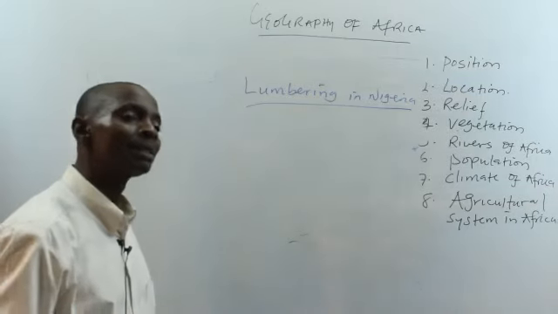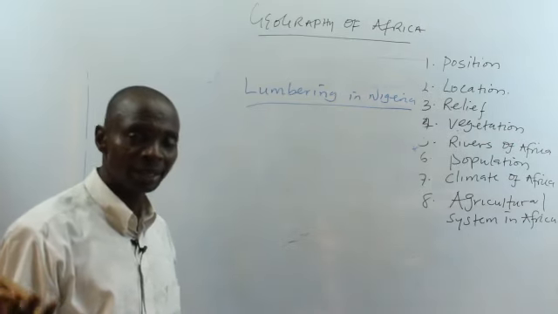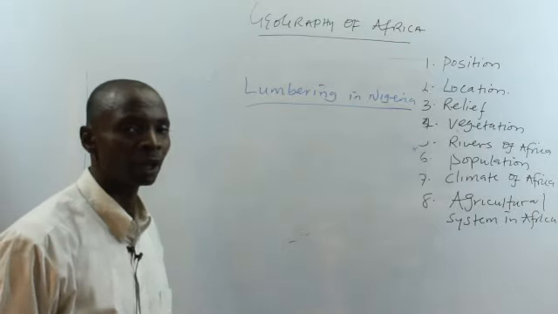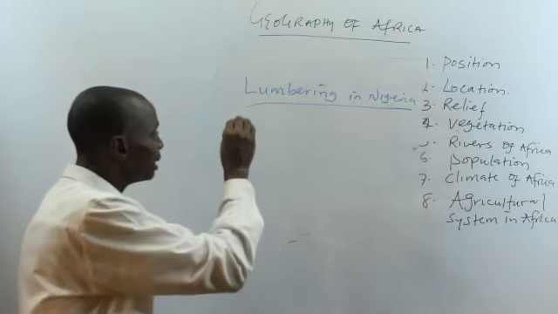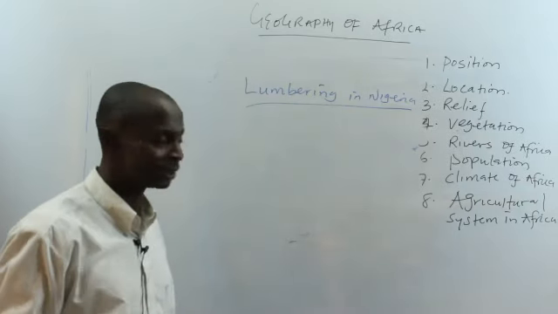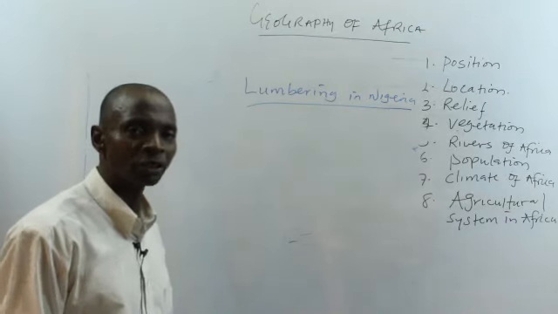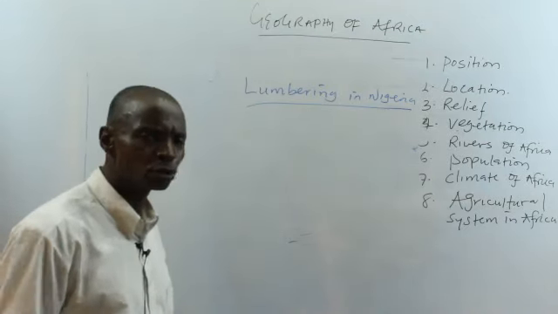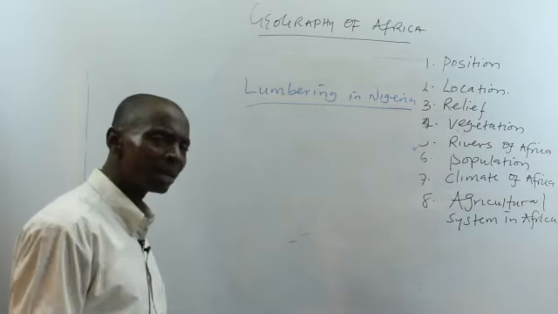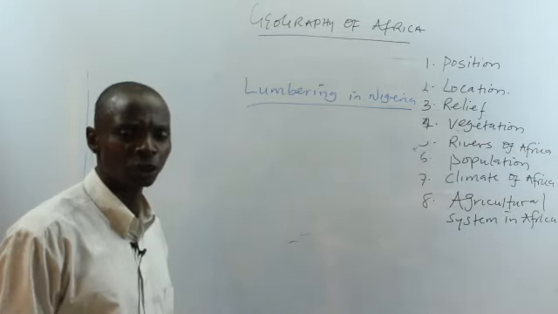Lumbering is the legal cutting down of economic trees. Why did we say legal? If you go to the forest without being permitted by the government of the land, either state, local, or federal government, and you go there to cut down economic trees, what you are doing is deforestation. It's not lumbering.